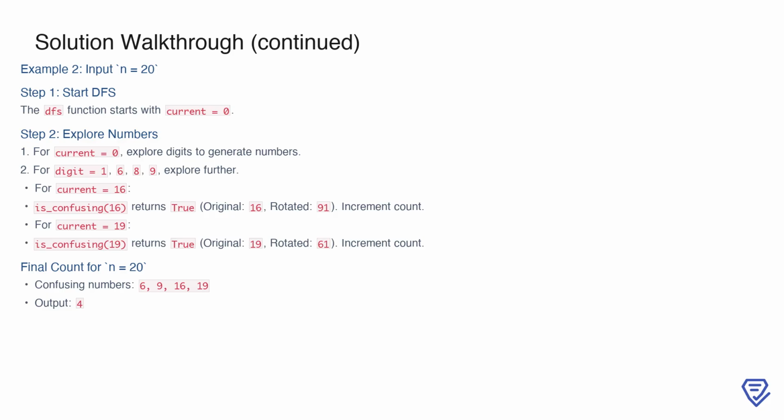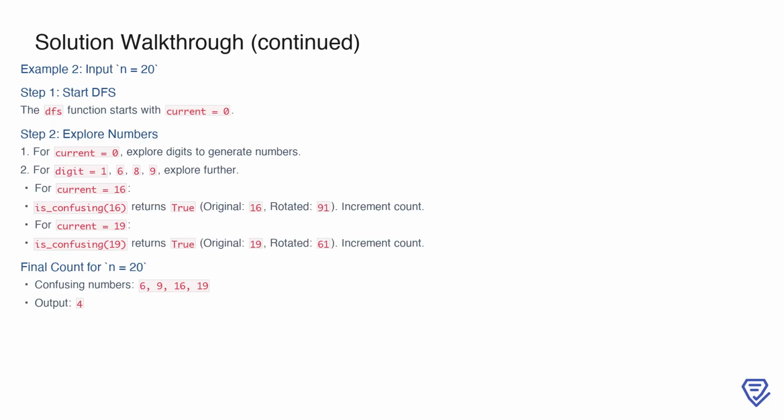In the next example, we increase the input to n equals 20. Once again, we start the DFS with current equals 0 and generate numbers by appending valid digits. As the DFS explores numbers, we check each one to determine whether it is confusing. For instance, when exploring current equals 16, the rotated result is 91, which is different from the original.